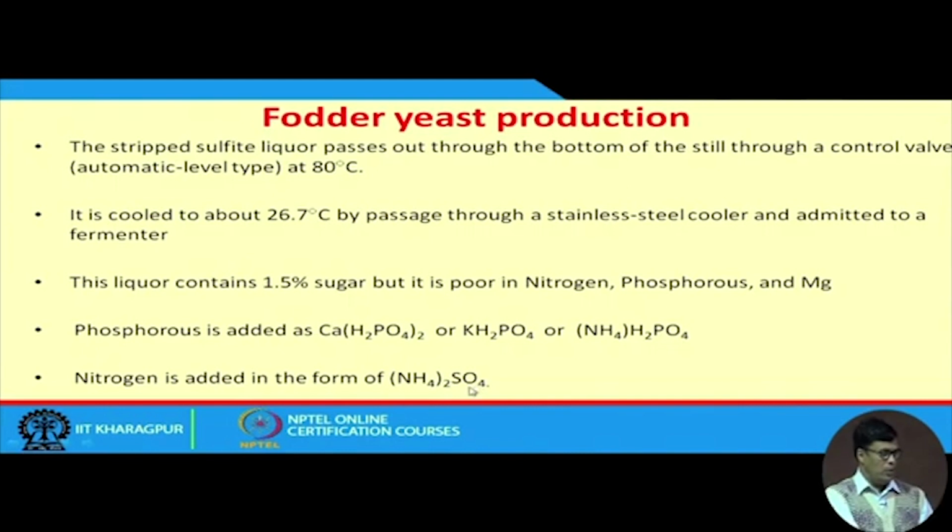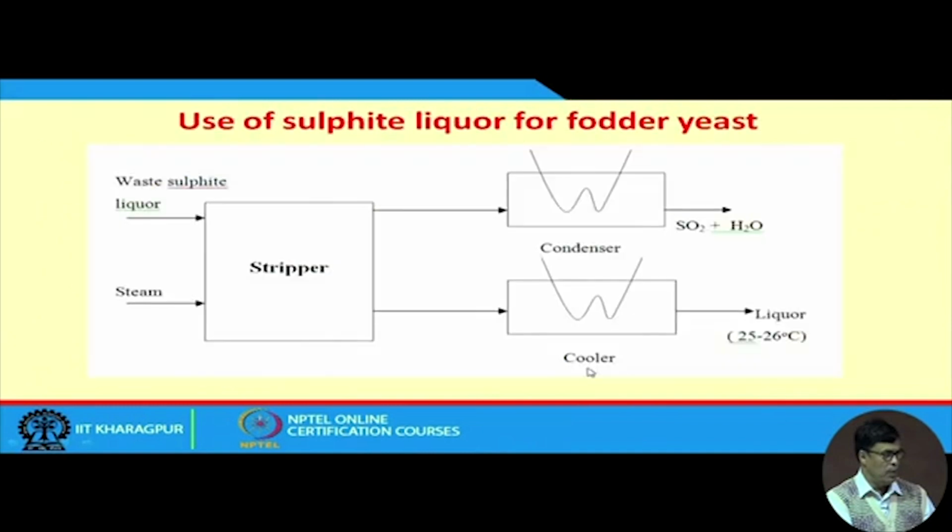And I told you, you can remember this: ammonium sulfate is purposefully added in the case of Baker's fermentation process to keep the pH of the media acidic, because here also in the case of fodder yeast fermentation process we require a pH of 4 to 5.